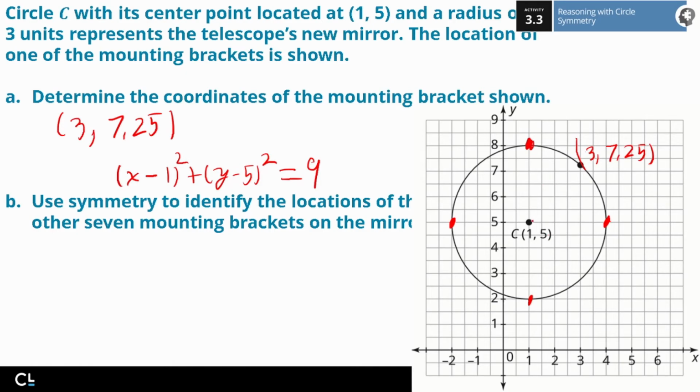And now what we have to do besides that is look, if we go 1, 2, 3, 4 lines over, not total units, it's 2 units over, and then 1, 2, and a half units up, right? Let's do that again. 1, 2, 3, 4. 1, 2, 3, 4, 5. We'll get these center points.